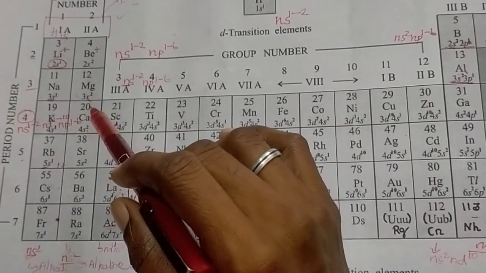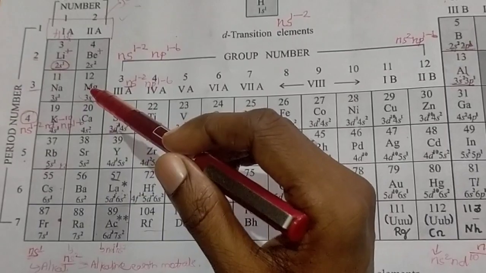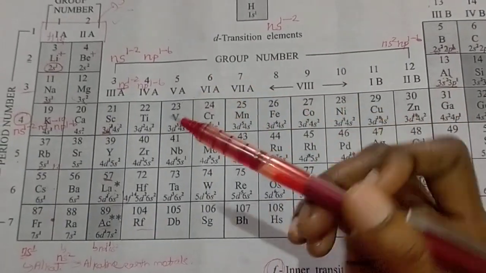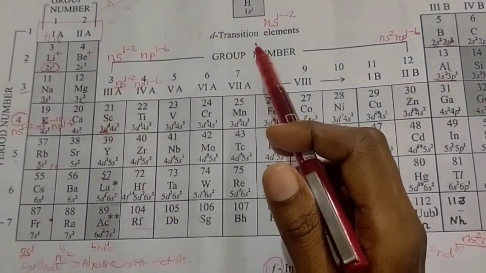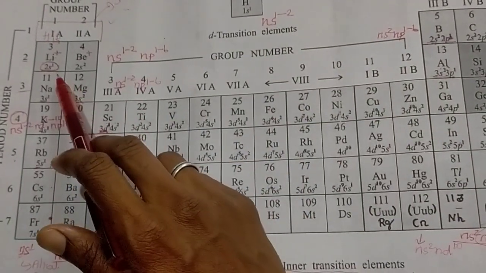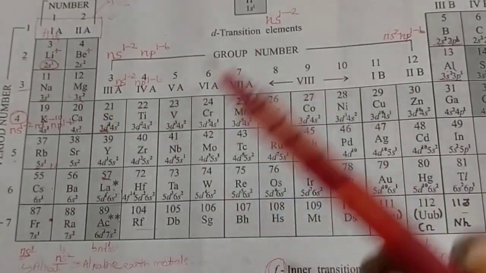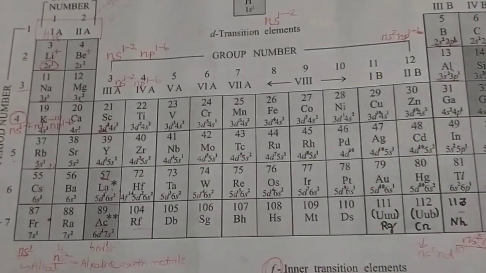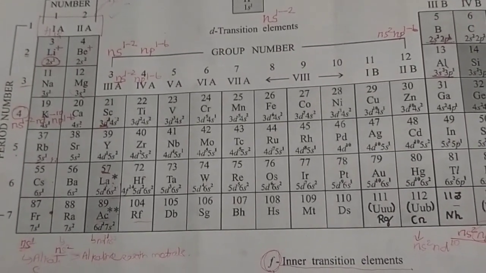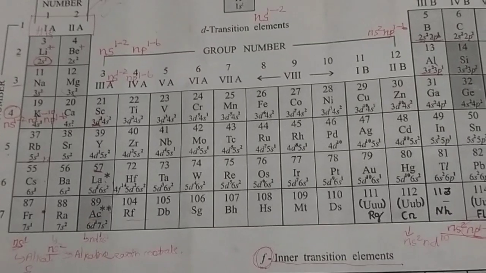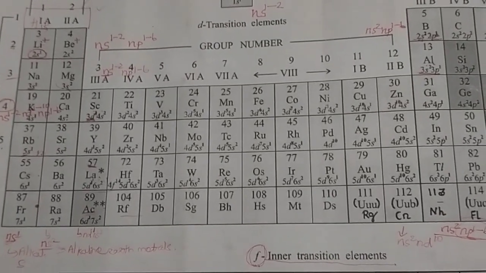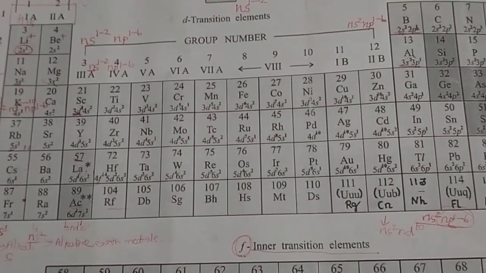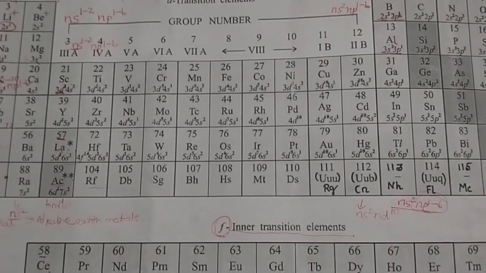So the inner orbital electrons are shielding, or covering, the electrostatic attractive force of the nucleus on the valence electron, that means the outermost electron. So the attractive force of the nucleus is decreased, and the ionization energy also decreases.